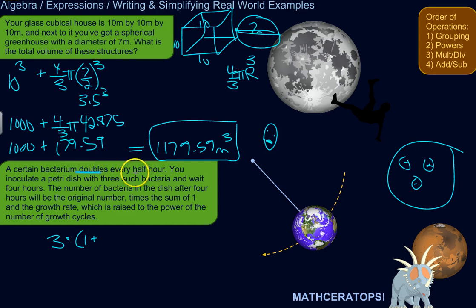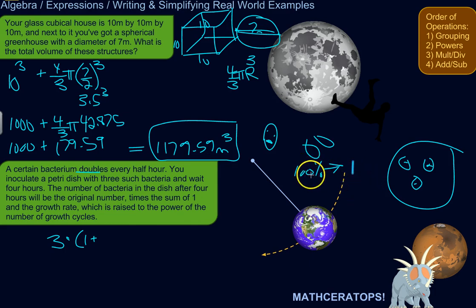So it doubles every half hour. If it's doubling, one of them becomes 2. That's a growth rate of 100%. And turning 100% into a number that we can use in an expression, we'd call that 1, right? The decimal version of that is 1.